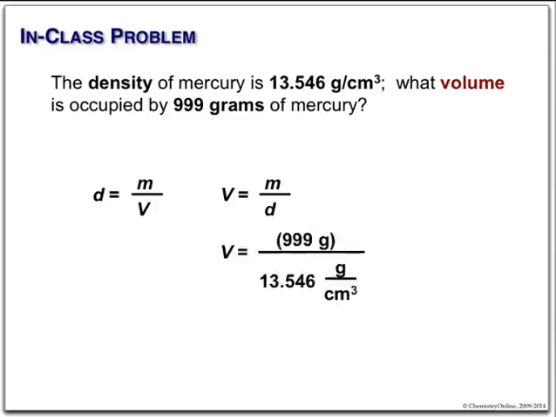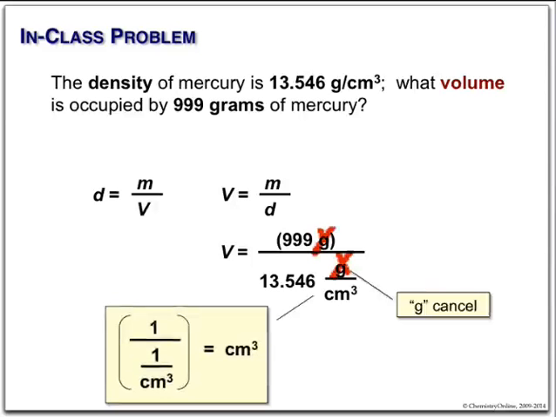You'll note that cubic centimeter here is in the denominator, but it's in the denominator of a denominator. That is, it's the reciprocal of a reciprocal. Remember, we could use the negative exponent. Whenever you have a number or a unit or something that is in the denominator of a denominator, grams would cancel, but the cubic centimeter goes up top.